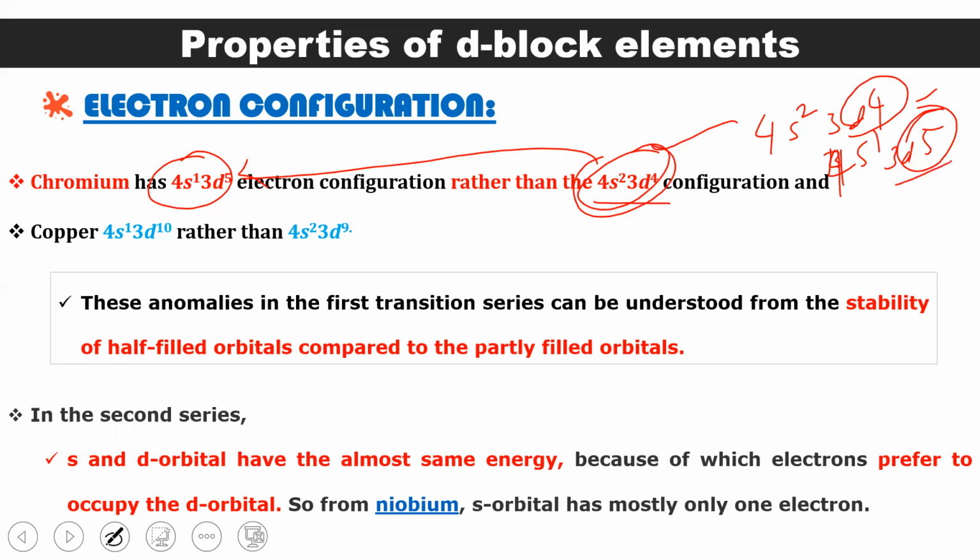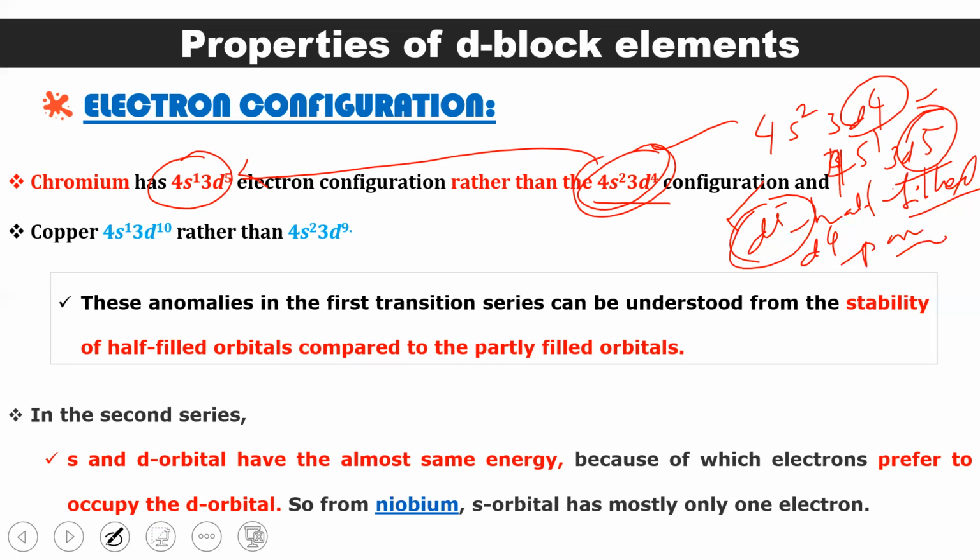Why? Because d5 means it is half-filled, while d4 means it is a partially filled configuration. So based on stability, the d5 half-filled configuration is more stable than the remaining partial d orbital configurations. That is why the differentiating electron enters the d orbitals instead of the s orbital.